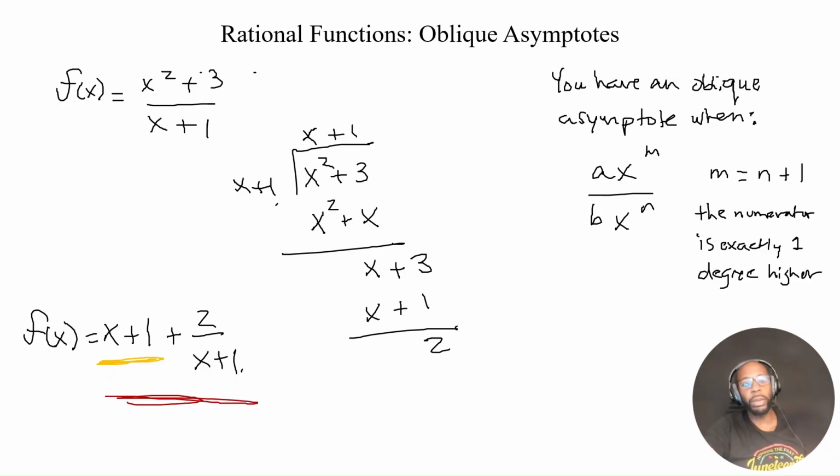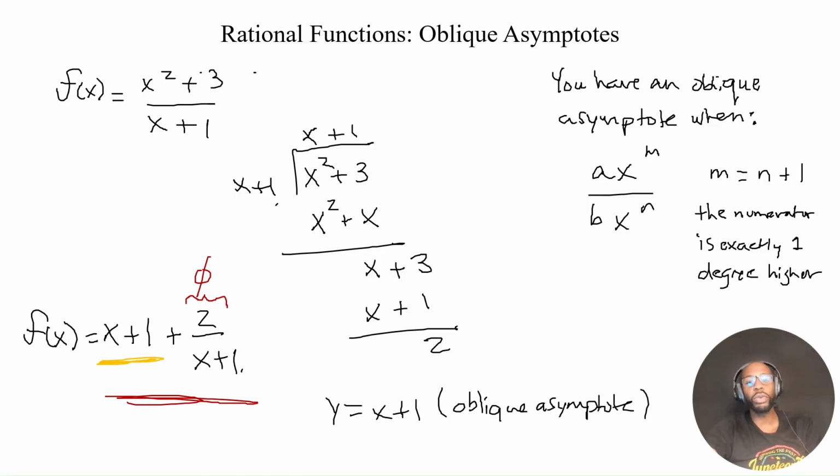For example, as x is increasing infinitely, what's going on? As x is increasing infinitely, this part of the equation is getting very small. It's going to 0, which leaves this part right here. And so that's why we're left with y equals x plus 1 as the equation of the oblique asymptote.